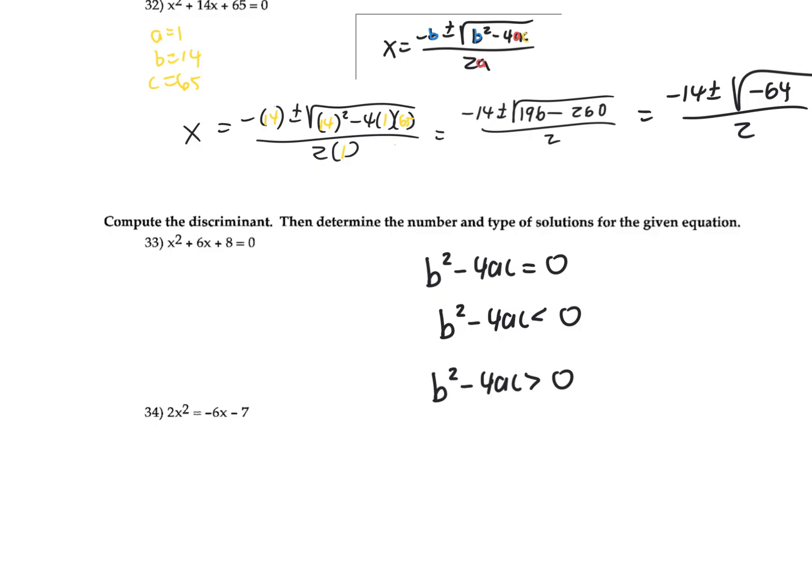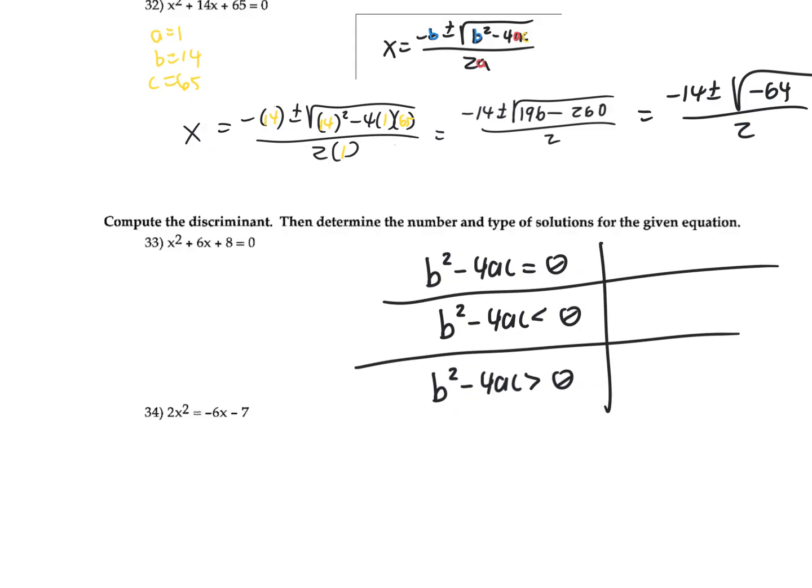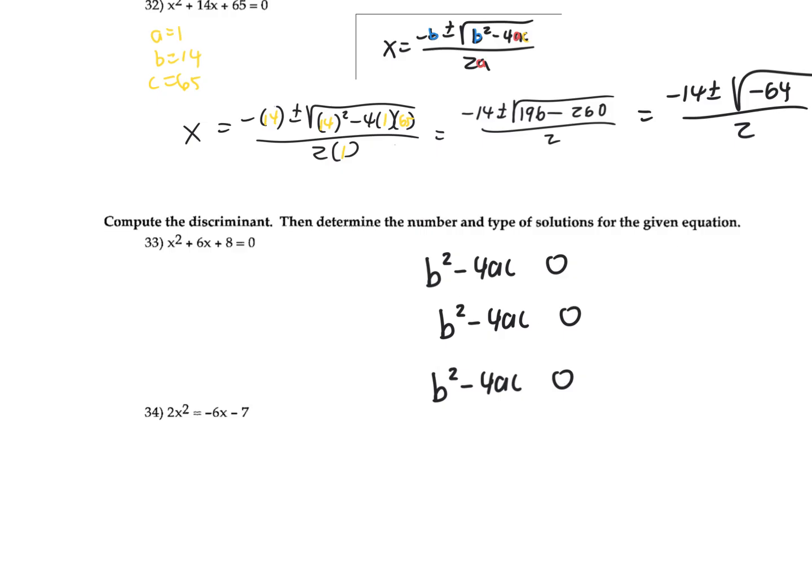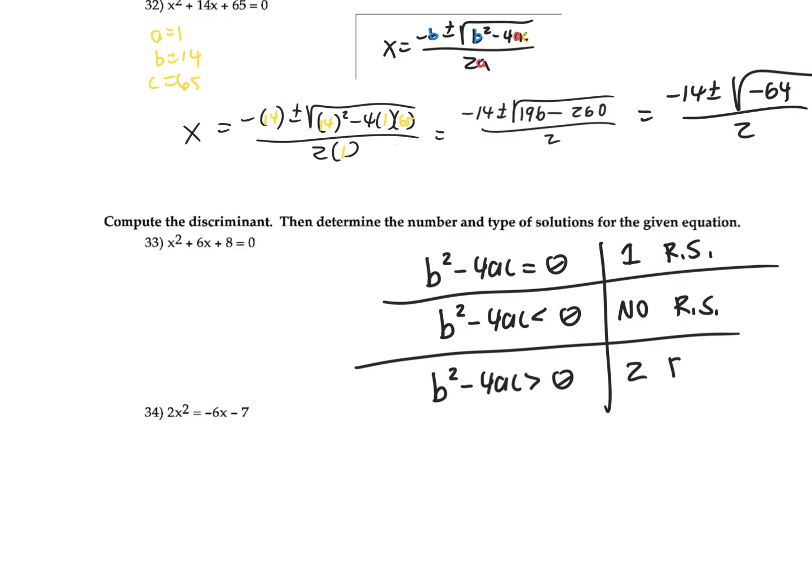Another one has to do with it being greater than 0. Now, if it's the case that it is equaling 0, then that is one real solution. If it's the case that it's less than 0, there are no real solutions. If it's the case that b squared minus 4ac is greater than 0, then there are 2 real solutions.